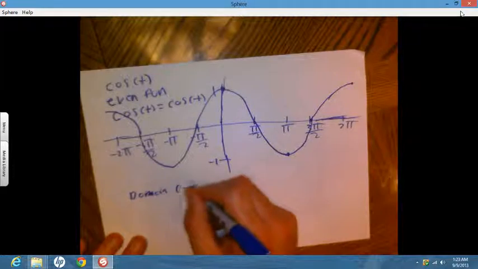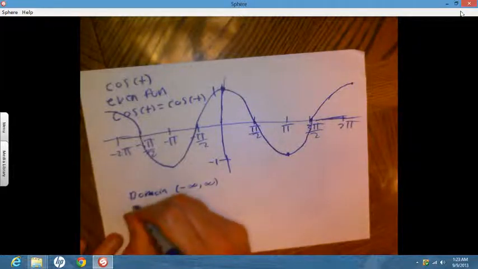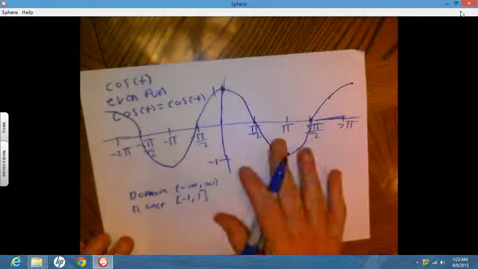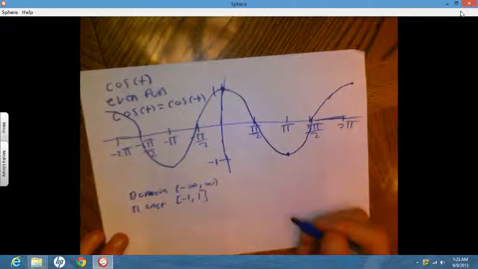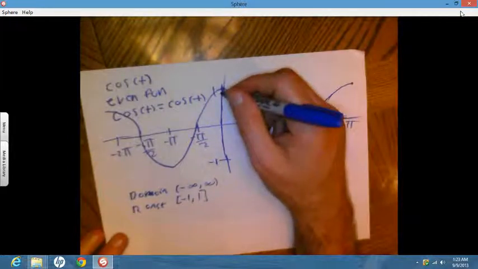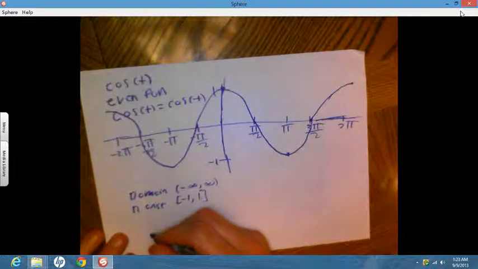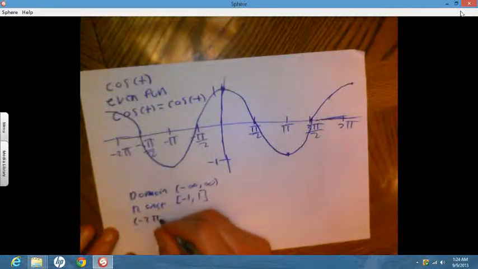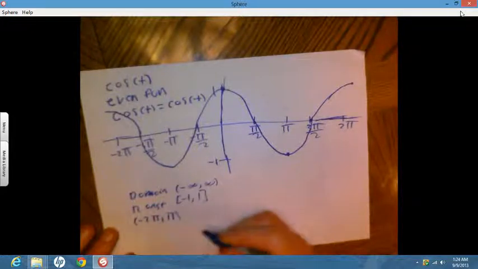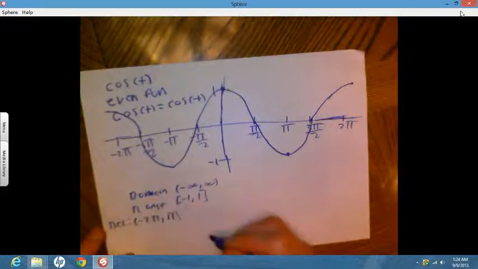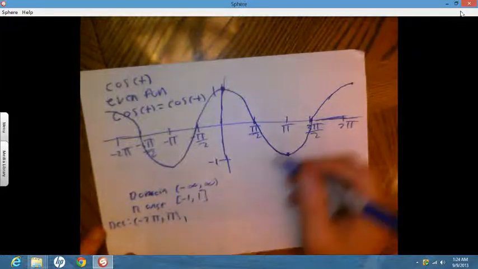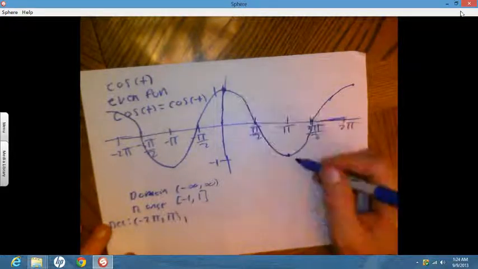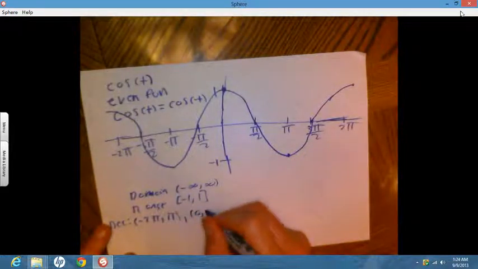Notice that it's going to be decreasing from negative 2 pi to negative pi. I'll just put DEC for decreasing. It's decreasing from 2 pi to pi. It's also decreasing from 0 to pi, and it's increasing from negative pi to 0.